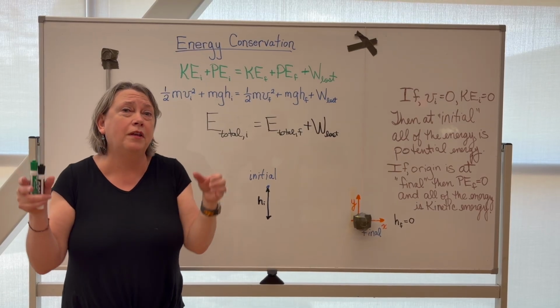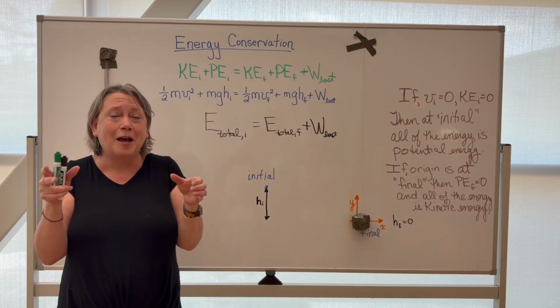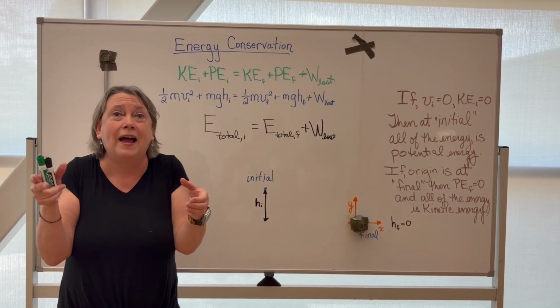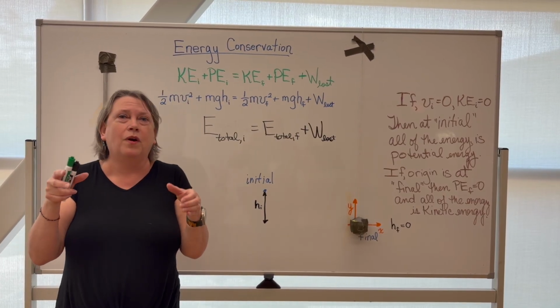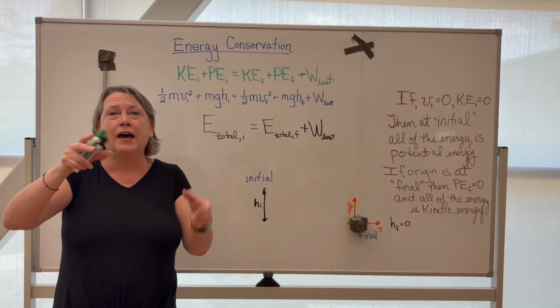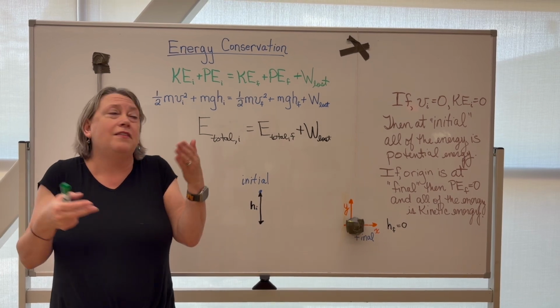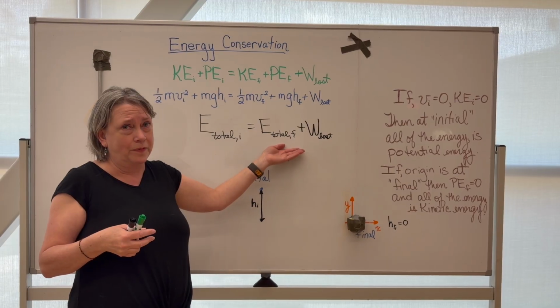If I don't spill any water, at any given moment, I could freeze, stop, and I would have maybe some water in each glass. It's just at the beginning, I had all in one, at the end, I had all in the other. But any spot along the way, I can always add them up, and the initial total should be equal to the final total.